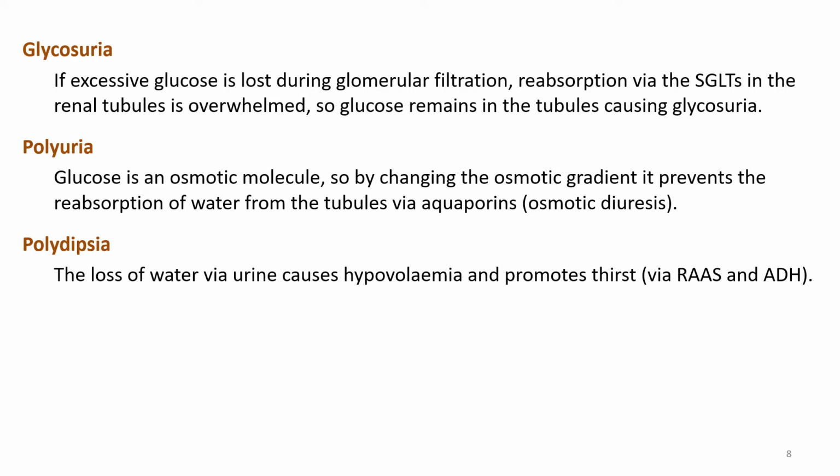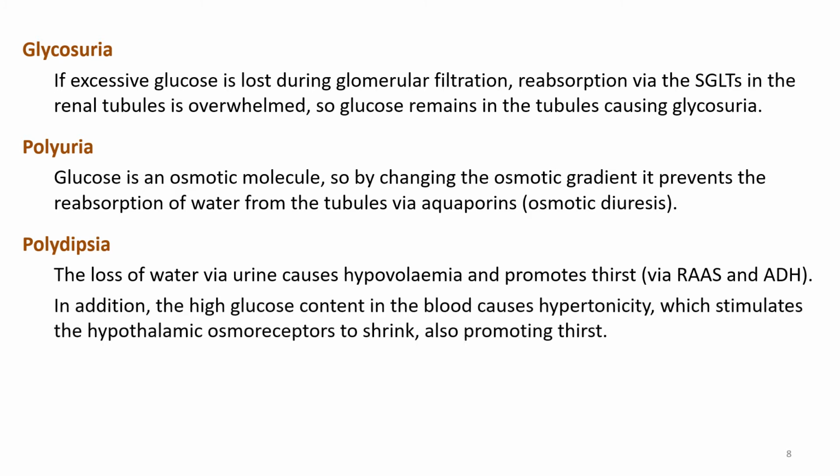Because of this, we're going to stimulate the secretion of ADH, antidiuretic hormone. Antidiuretic hormone also stimulates thirst. So as we said, the high glucose content in the blood causes hypertonicity. This then stimulates those hypothalamic osmoreceptors to shrink, which also promotes thirst.